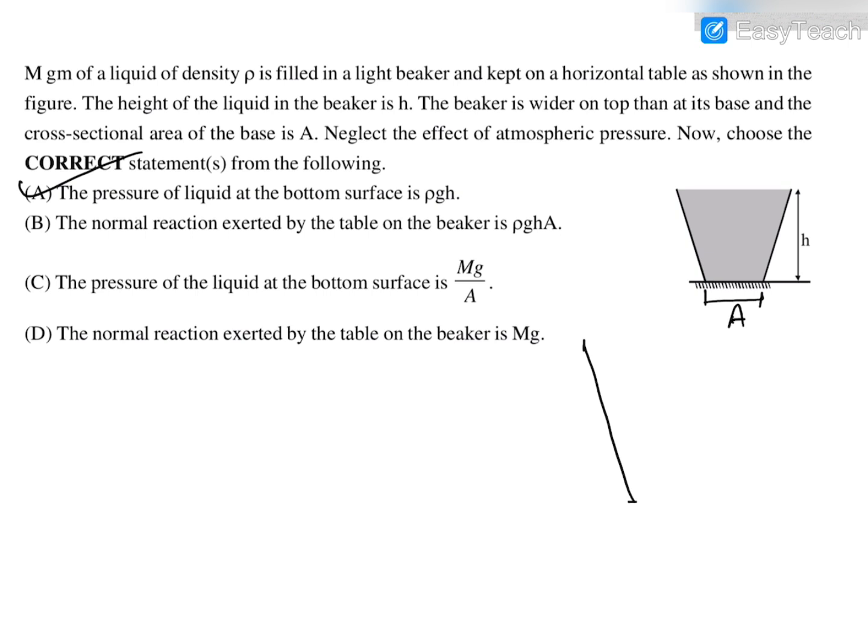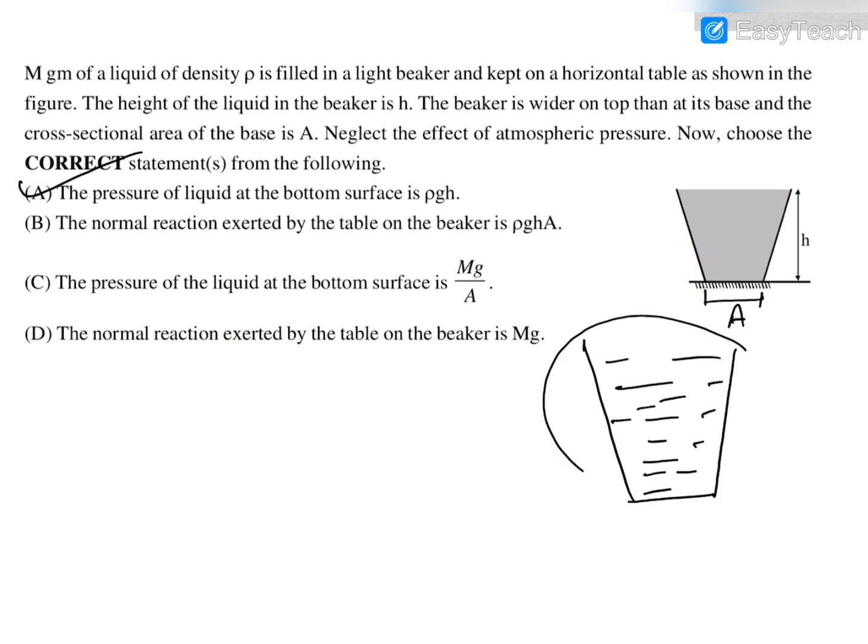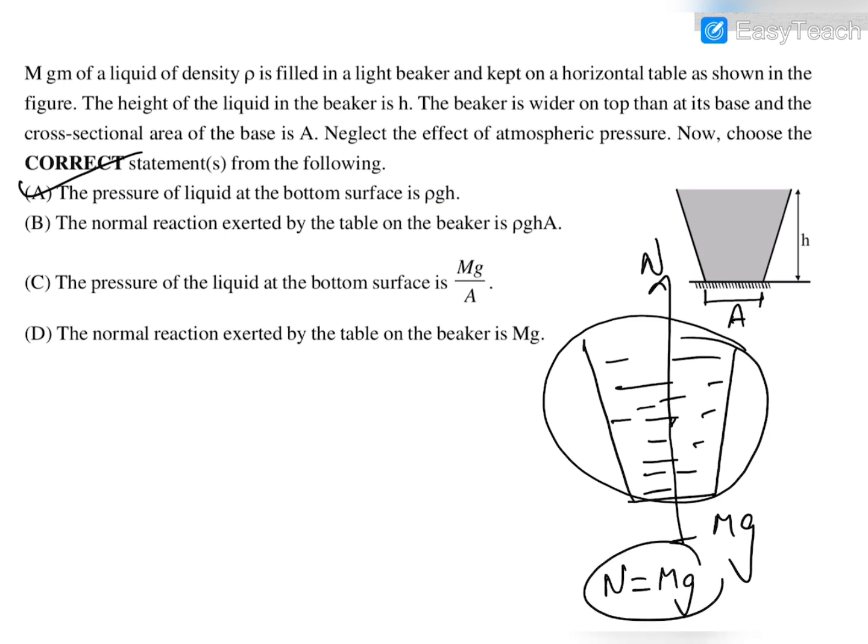If we draw the free body diagram of the beaker along with the water, then we are considering beaker and water as a system. So the external forces acting on this system will be mg and the normal reaction exerted by the table. Obviously, if this beaker is at rest, we can say that the normal reaction will be equal to mg. So D option is correct.